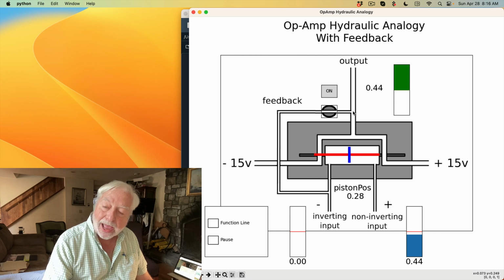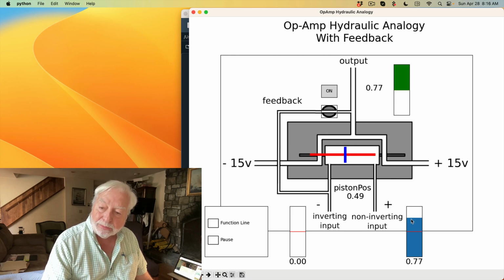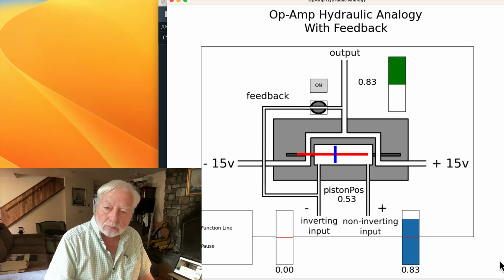And with the feedback, some of that increased pressure comes back to the inverting input and increases the pressure to the left side of the piston, stopping it from advancing further left. In fact, the piston will always move to a point where the pressure is balanced on both sides of it. It's a classic negative feedback operation.